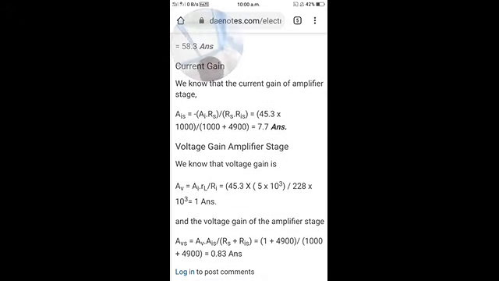So like this we can do analysis of the amplifier by following the procedure.